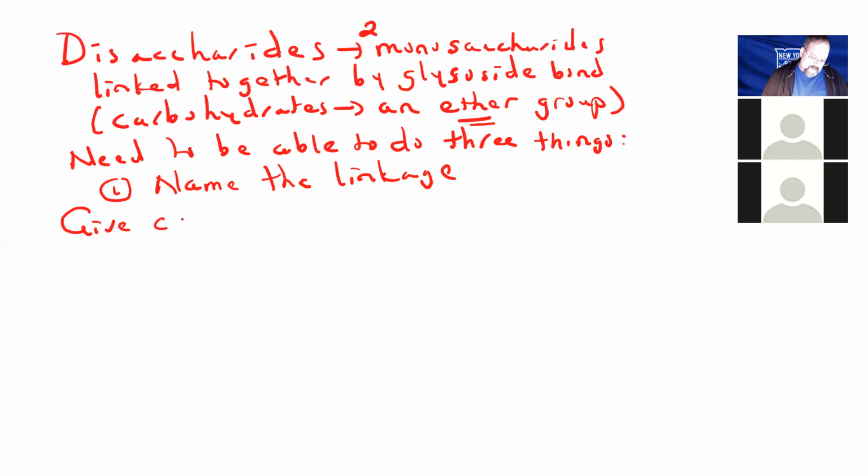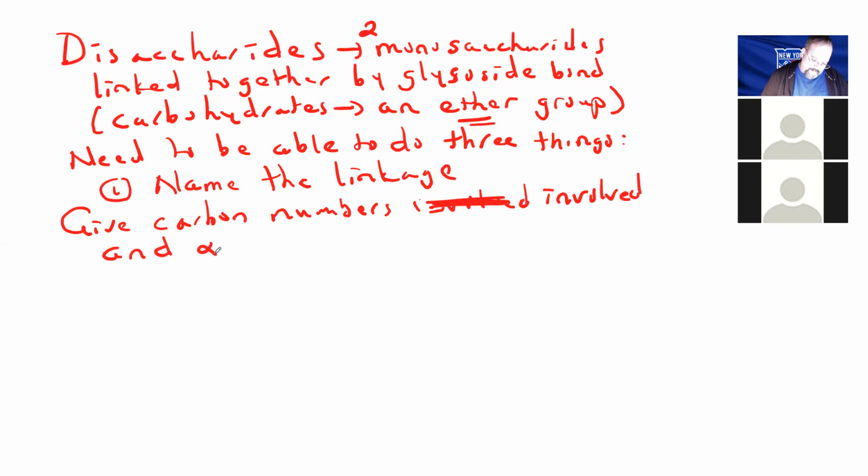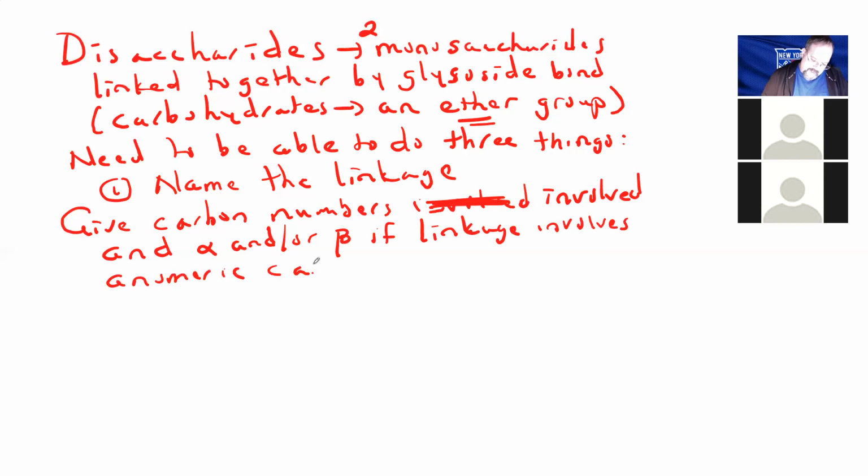You give the carbon numbers involved and alpha or beta if the linkage involves an anomeric carbon or anomeric carbons. So with that being said, there were 3 linkages that we came across.